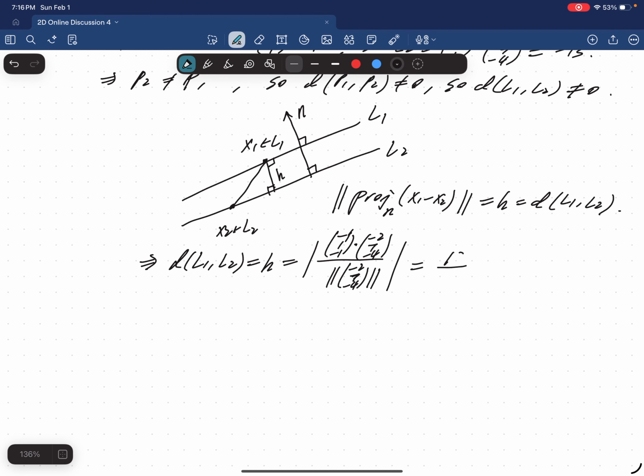And this should give us 13 over square root 69. And that's our answer.